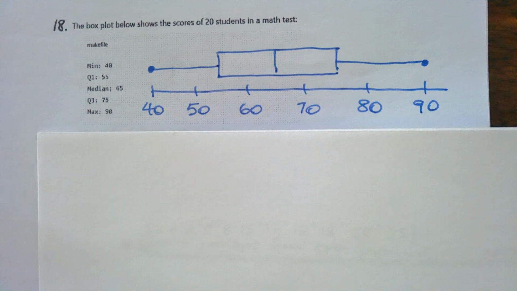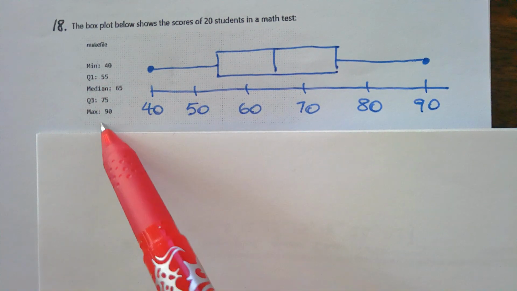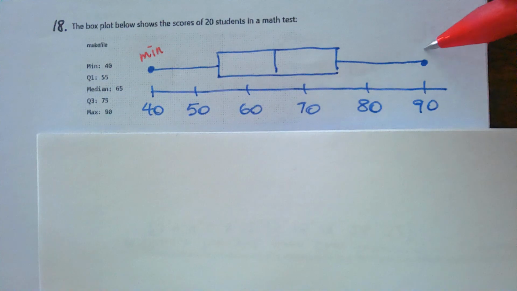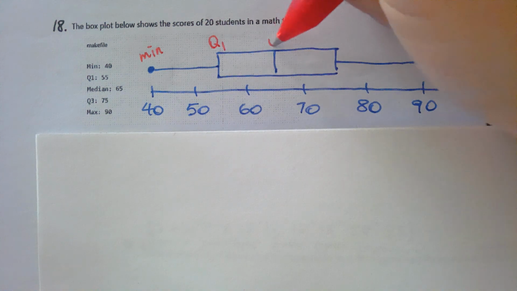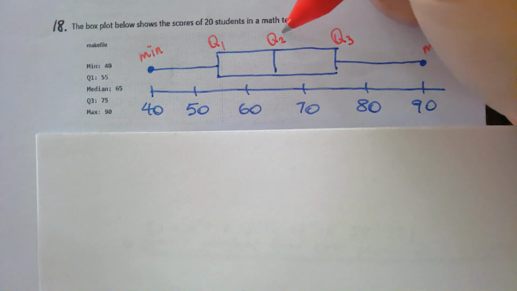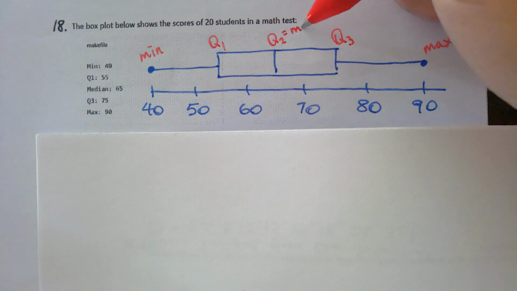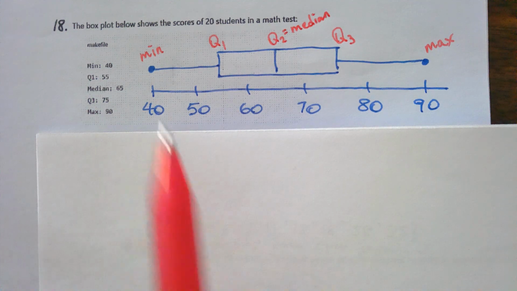All right. So these are your five-number summary. So the min, max, Q1, Q2, Q3. What's another name for Q2? Median. Good. What does Q stand for? Quartile, right?